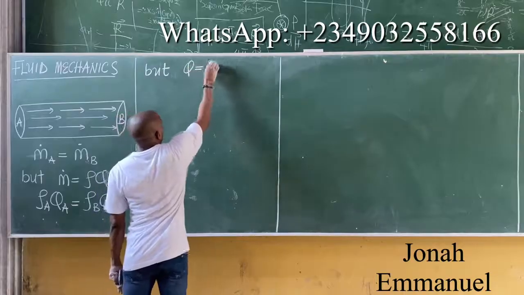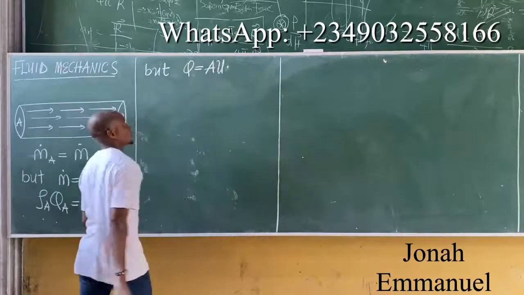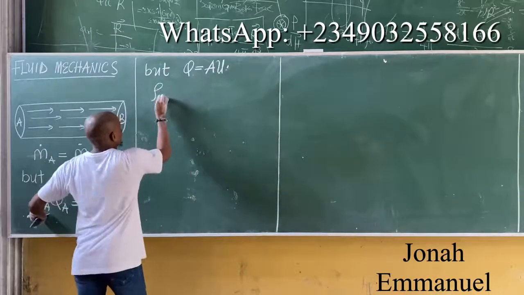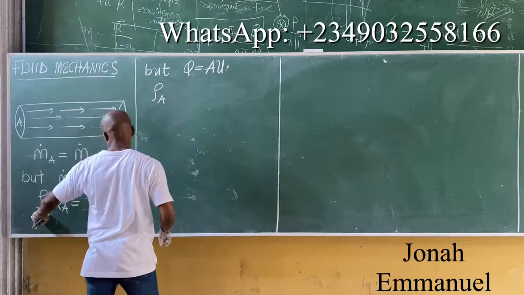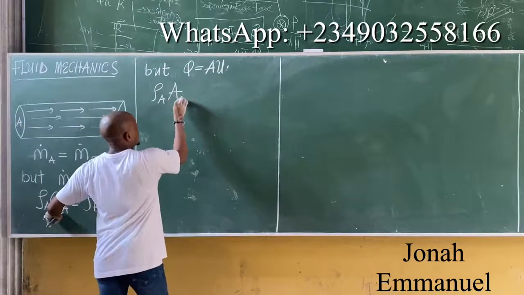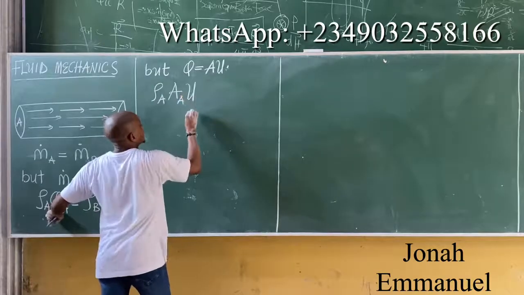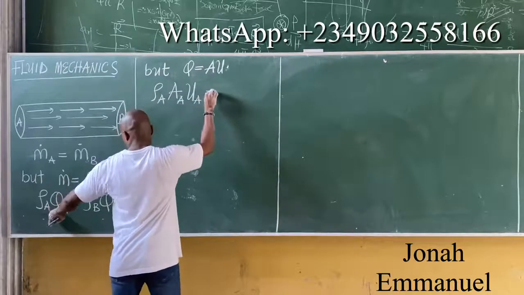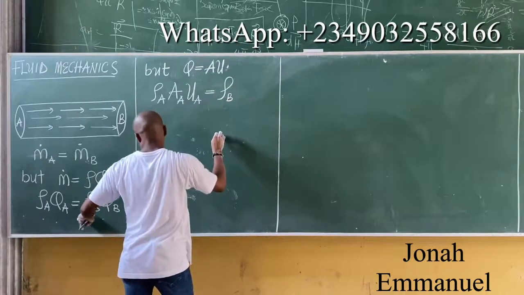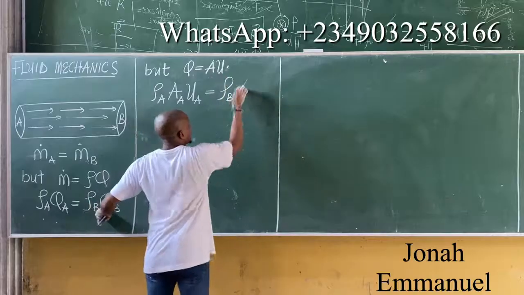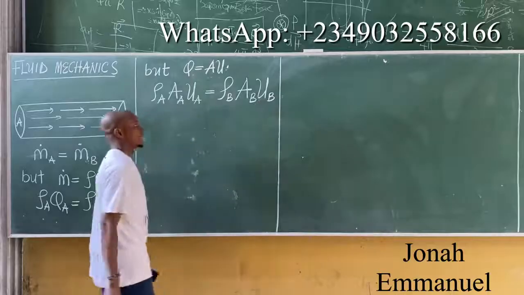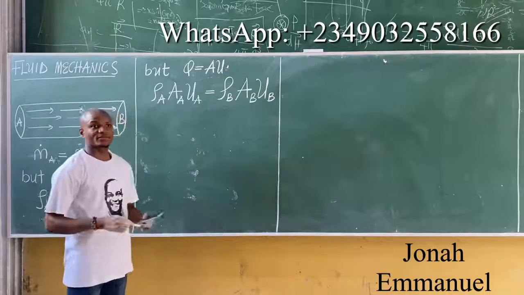Q is equal to A times U. So replacing this here, the density at point A times the area at point A times the velocity at point A is equal to the density at point B times the area at point B times the velocity at point B.